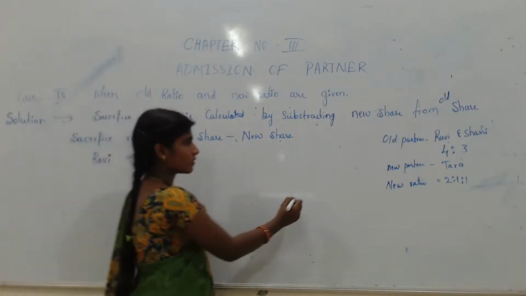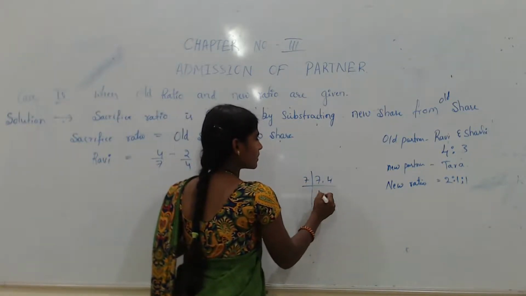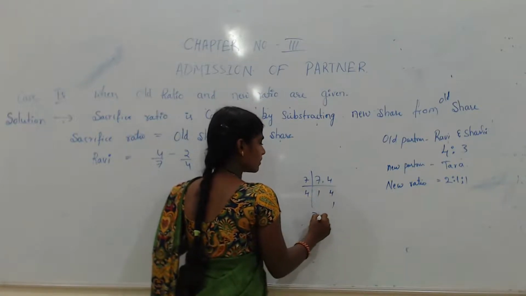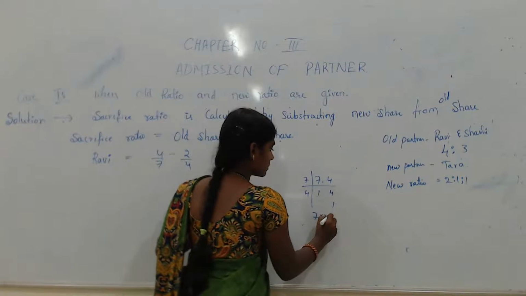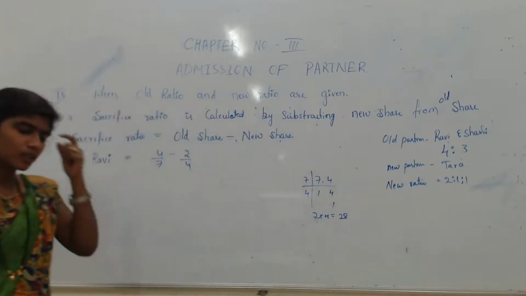Then next, LCM. 7 ones are 7, then 4 ones are 4. So 7 4s are 28.